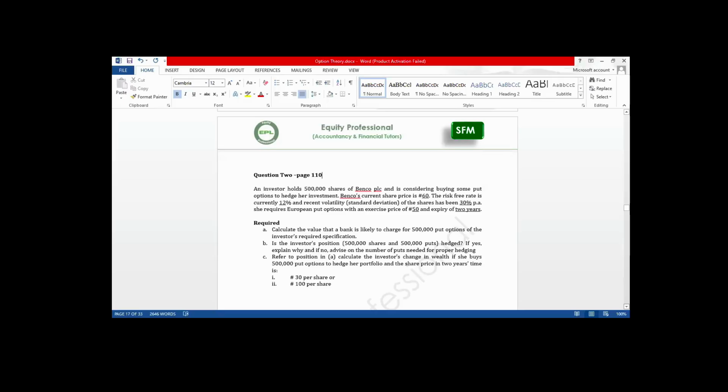Requirement A. Calculate the value that a bank is likely to charge for 500,000 put options if the investor requires this specification.